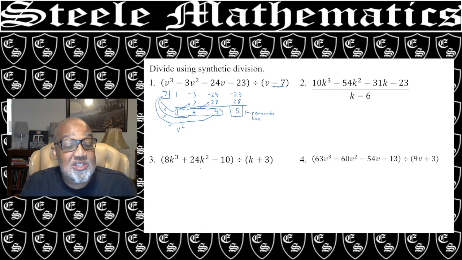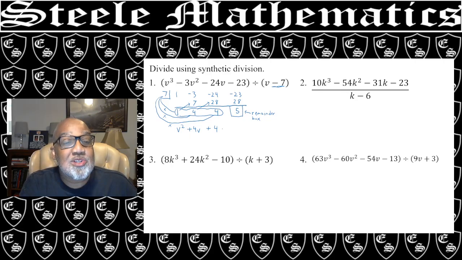The coefficient is 1, so that's 1v to the second plus 4v plus 4. Now, as you can see, I counted down the powers of v.